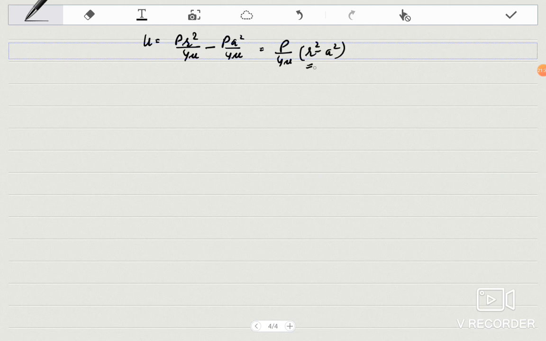Clearly, as your r varies, your u varies. So it is very clear from here. Secondly, your velocity is maximum at the center, because if you put r to be 0, you get minus p a square upon 4 mu, and p is negative. So it is the maximum value of the velocity.